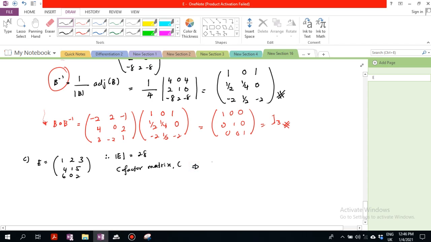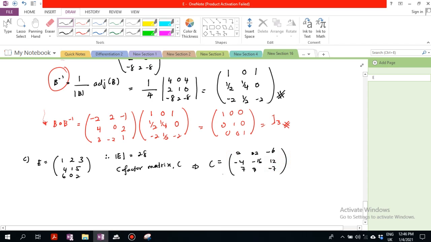You will get your C is equal to 2 22 negative 6, 4 16 12, 7 5 7.